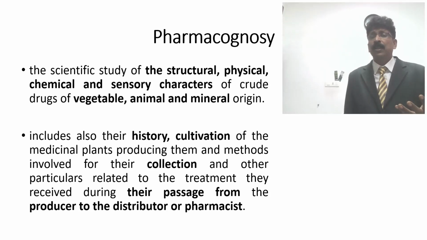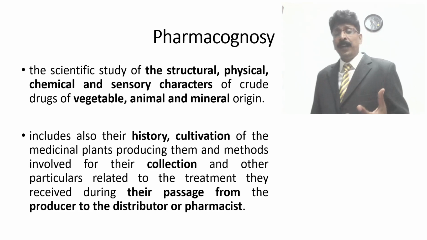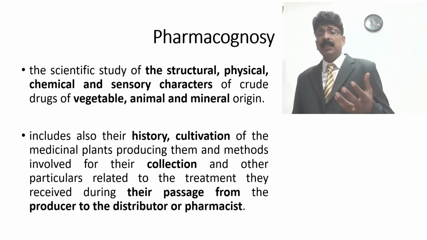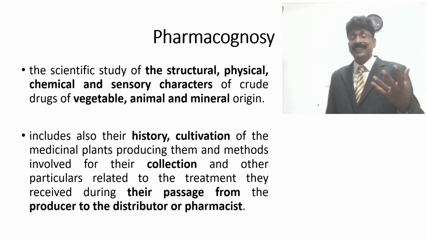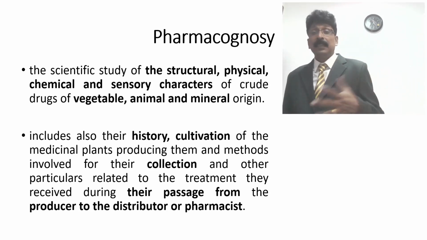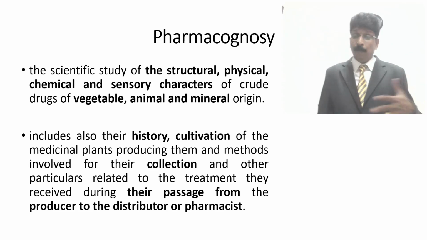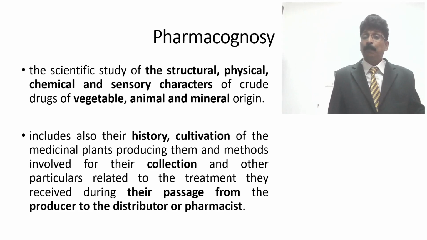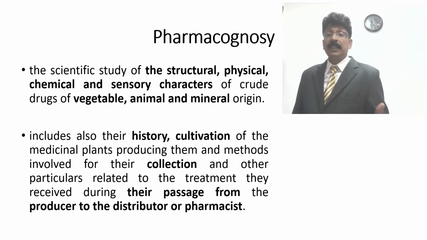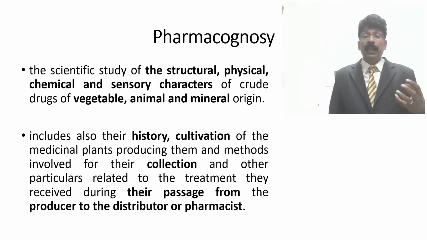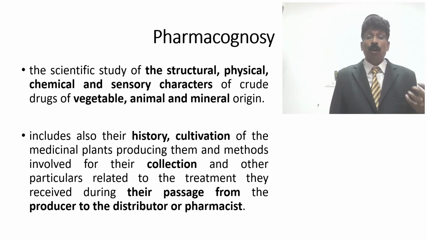Sometimes we will cut, sometimes we will dig, and after collection we will wash and process it. Collection techniques include climbing and collecting, completely uprooting and sacrificing the plant, or sacrificing the animal and collecting. Many types of studies are involved in their collection.